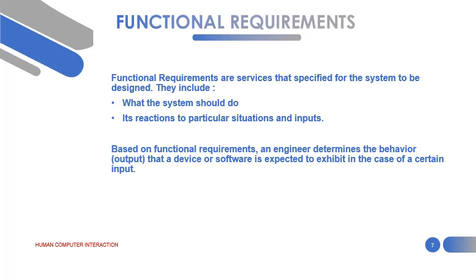From an input, what is the output that it's supposed to give? Basically, what do I want the system to do? Based on functional requirements, an engineer determines the behavior that a system, software or device is expected to exhibit in the case of certain inputs. Just as I said earlier, based on certain inputs, it's expected to give out a particular output.